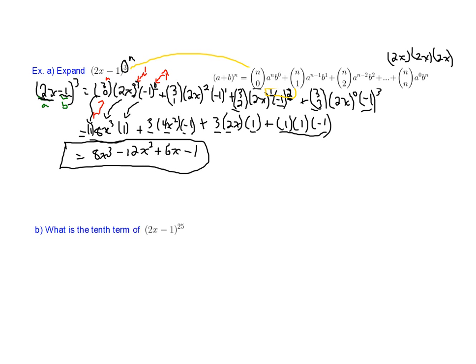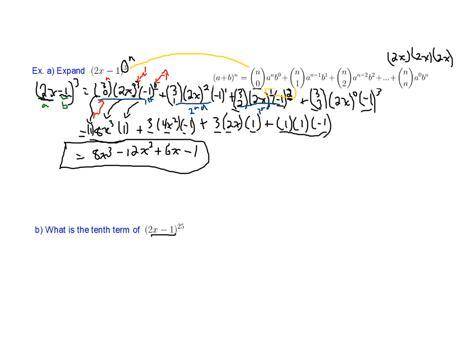All right, and so for the last part of the question here, it says, what is the 10th term in the expansion of 2x minus 1 to the 25? In order to do that, let's just have a quick peek here. Here was the first term, here was the second term, here was the third term.